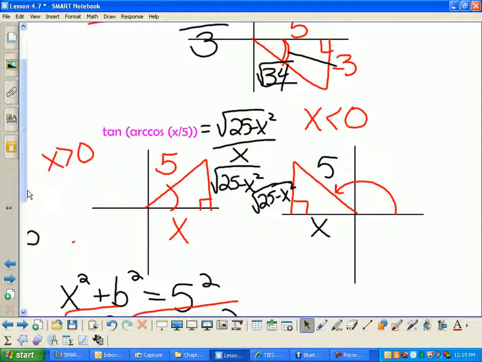But I can change this problem a little bit. For example, I could change arc cosine to arc sine, and everything will change.